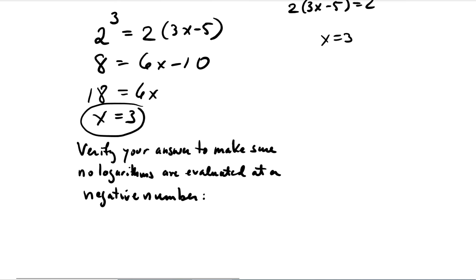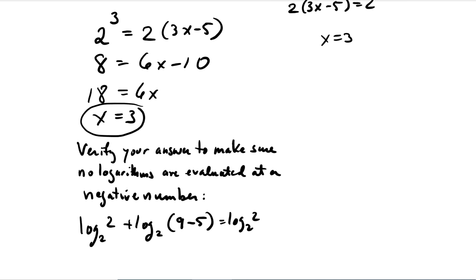Here, literally, you'd go log in base 2 of 2 plus log in base 2 of 3 times 3, 9 minus 5, and you can see that it's going to work. So you get log of 4, and it's kind of nice here, because the argument is always a power of 2.